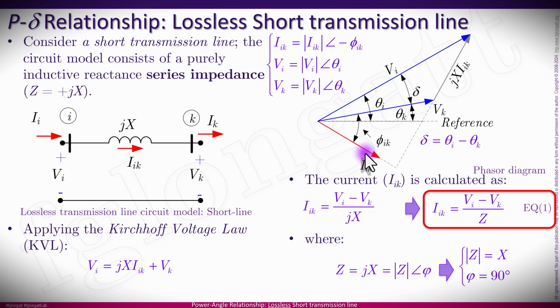In this case, I assume that we have a lagging power factor, so the phase angle phi-k, that is the angle between the receiving voltage and the current, is an angle that is defining a lagging power factor. That means representing an inductive load.